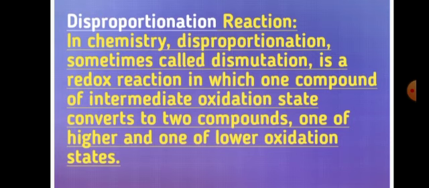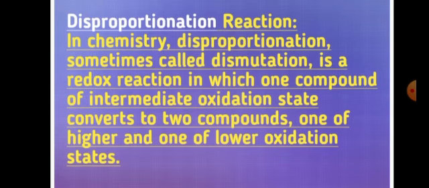So a disproportionation reaction is a reaction in which a compound gets oxidized and reduced, converting to form 2 new compounds, one of higher and one of lower oxidation state. That is, your disproportionation reaction has a similar definition to your redox reaction. So even in your disproportionation reaction, reduction and oxidation take place simultaneously at the same time.